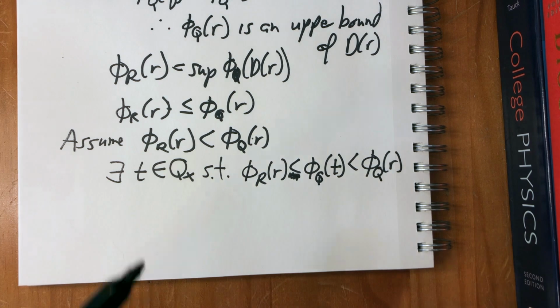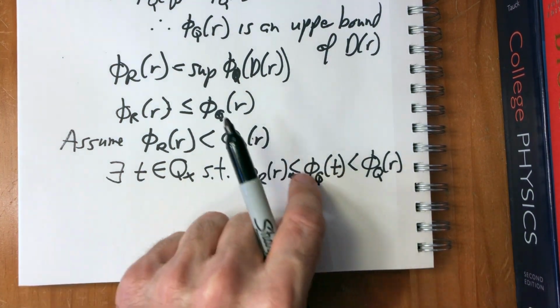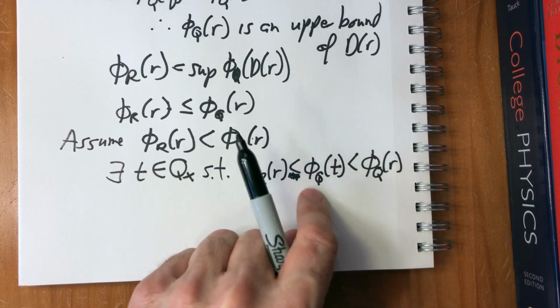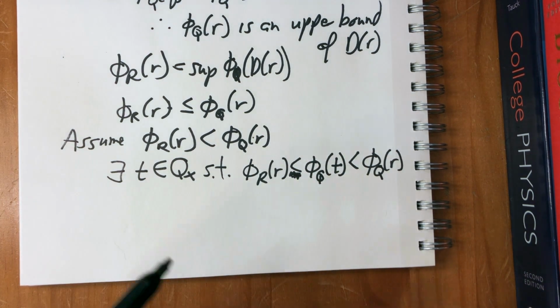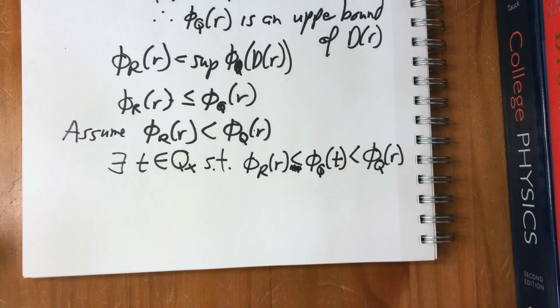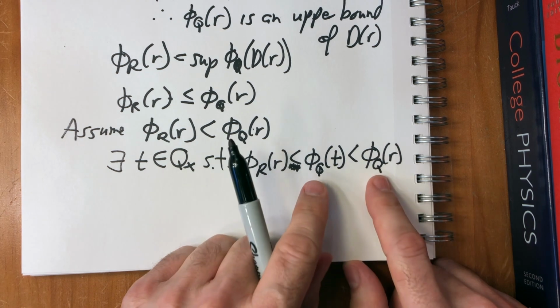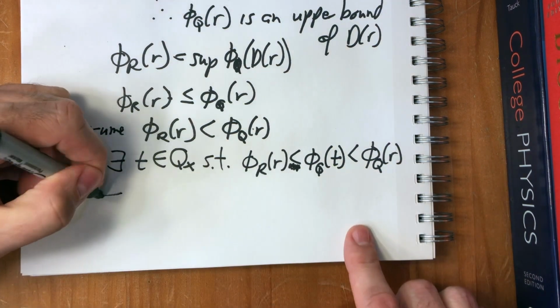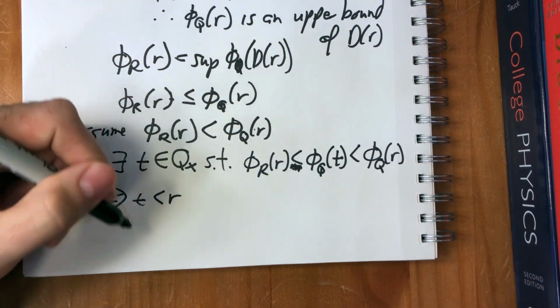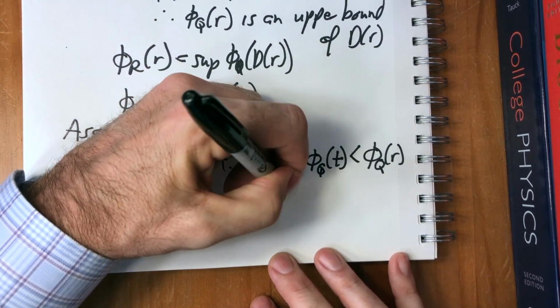And then, because phi is one to one and onto, we know that there exists a t that will map to this number. So we're actually saying that there's a t such that phi Q of t is between these two numbers. Okay, so this implies, because phi Q is order preserving, that t is less than r. That means that t is an element of D r.